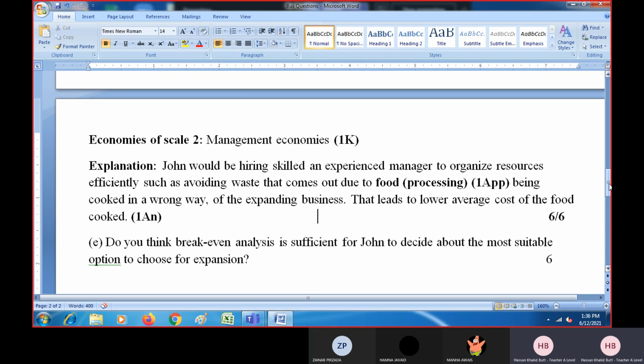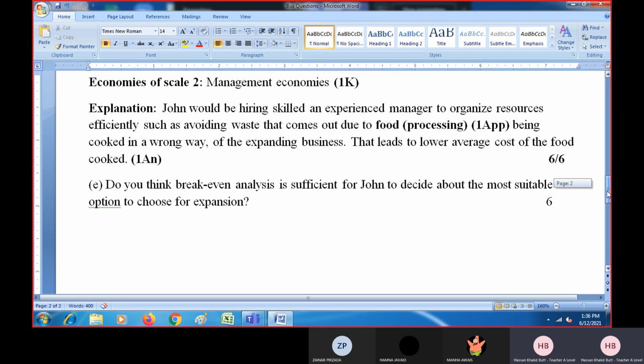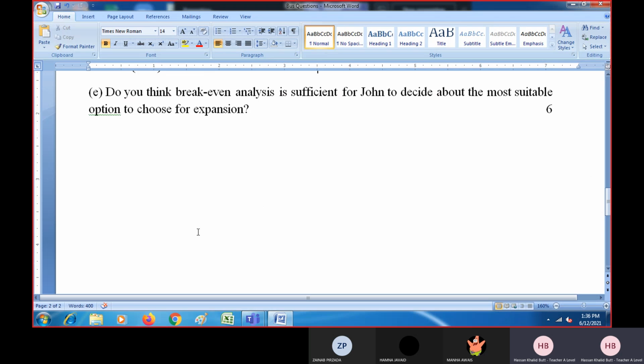So our purpose is not to write answers. Our purpose is to meet those objectives which are set by the examiners. So these are the assessment objectives: knowledge, application, and analysis. We are done with it, and we will continue practicing this. So don't you worry about it. I will give you questions as well. You will be doing it, and I will be doing it live in the class as well in the same way. Okay, now let's talk about the next part.